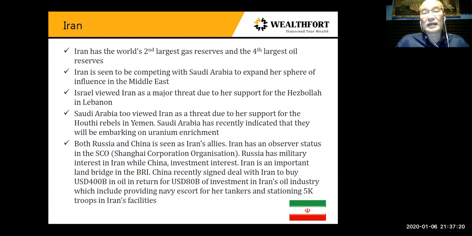Iran has observer status in the SCO. I think many of you might not have heard of the Shanghai Cooperation Organization, but it is an organization that has very few members, and the cooperation includes three major areas.